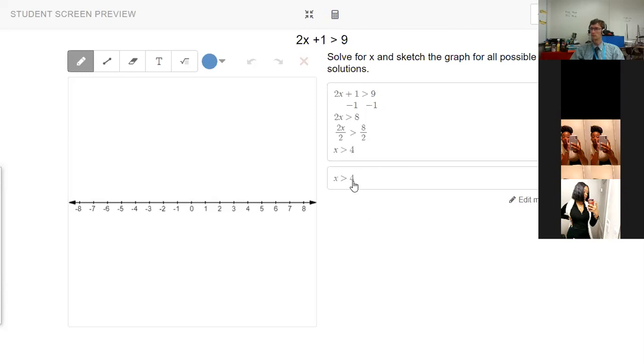So the number here is 4. So I'm going to start at 4. The question is, will I be going decreasing to the left, increasing to the right? Numbers that are greater than 4, are they? Go to the right. Increasing, greater than. Over here.